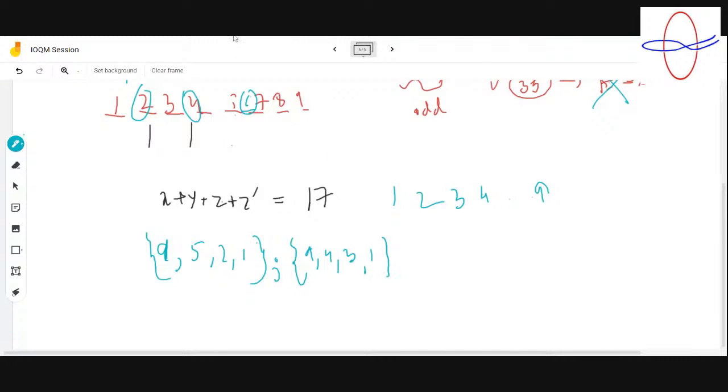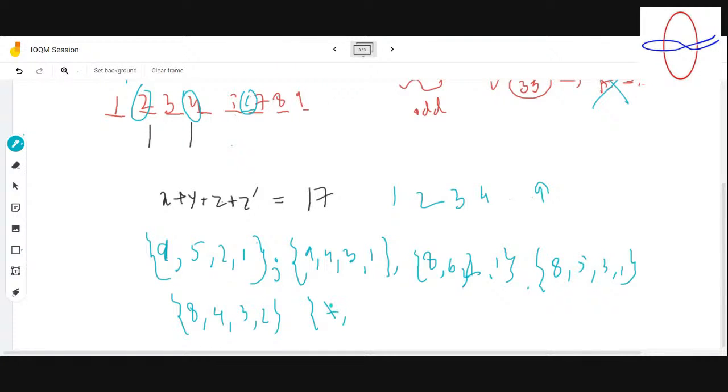What else? 8, 6, 2, 1. What else? 8, 5, 3, 1. 8, 4, 3, 2. 7, 6, 3, 1. 7, 5, 4, 1. 7, 5, 3, 2.